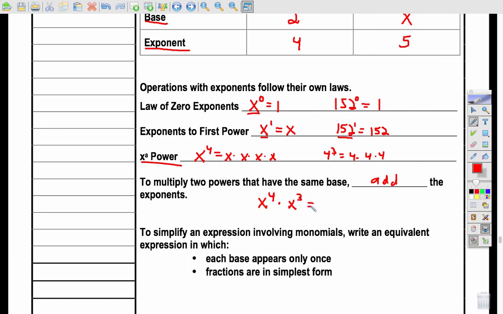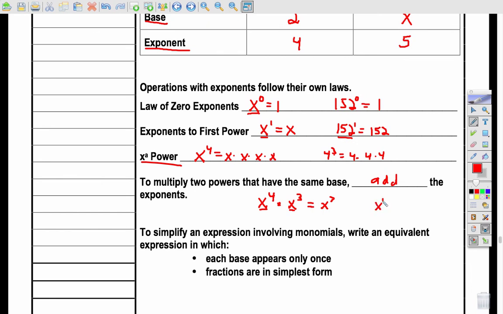If I multiply those two together, that's going to equal or be the same as x to the 7th. Again, when you multiply, the key right here is multiplication. That's not addition, that is multiplication. Have the same base, so they're both x. So you can multiply these together. You have 4 plus, because we're going to add 4 plus 3, so now we have x to the 7th.